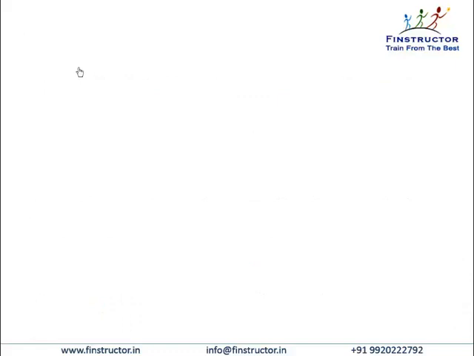So these were the 5 cognitive errors related to belief perseverance. Let's quickly revise them once again. The first one was called conservatism, which basically says that you ignore new information or you stick to the past information, placing more weight on the previous information used to make a forecast.